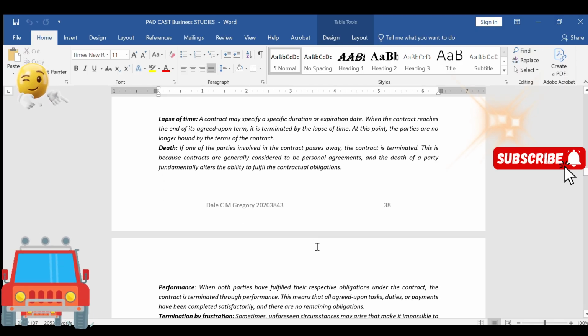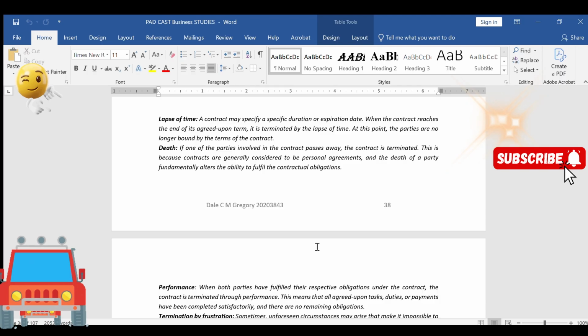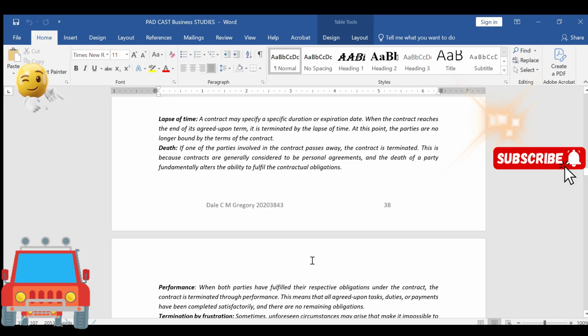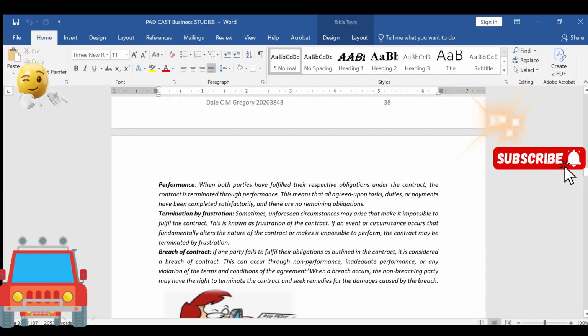If one of the parties involved in the contract passes away, the contract is terminated. This is because contracts are generally considered to be personal agreements, and the death of a party can fundamentally alter the ability to fulfill the contract obligation. Performance.